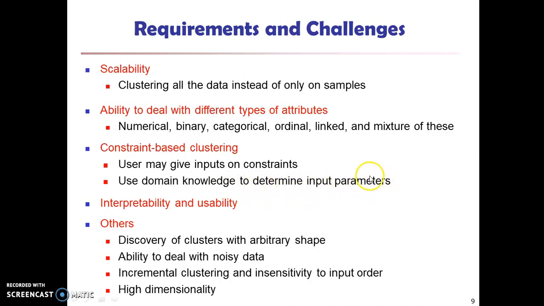So by using domain knowledge also we can determine the clusters. Then interpretability and usability. The others are discovery of clusters with arbitrary shape and the ability to deal with noisy data. These are all the challenges. And incremental clustering and insensitivity to input order. Then high dimensionality.